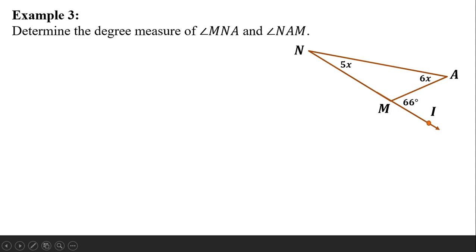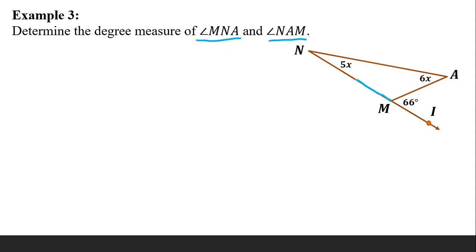Next, example number 3. This time we incorporate an algebraic expression. The question is we need to find the degree measure of angle MNA and angle NAM. Illustrate first the given angles.